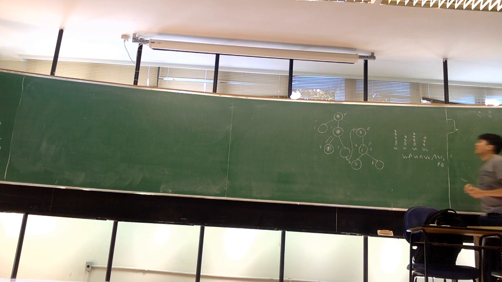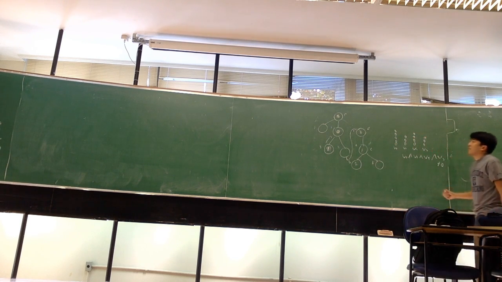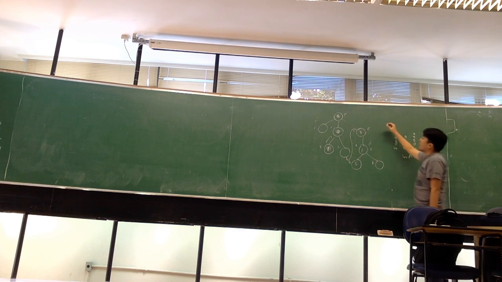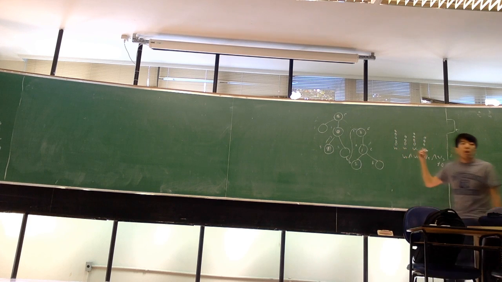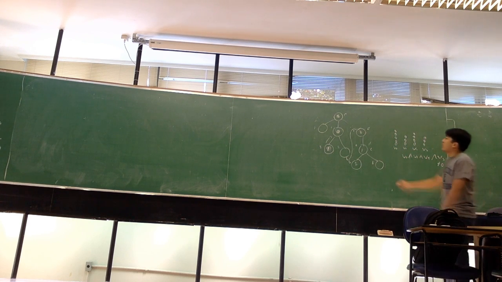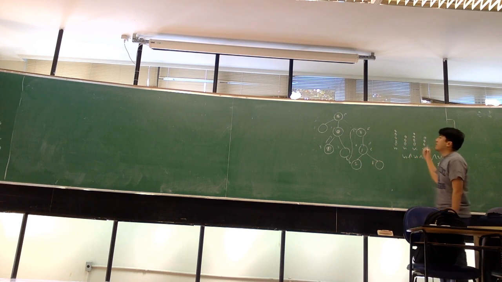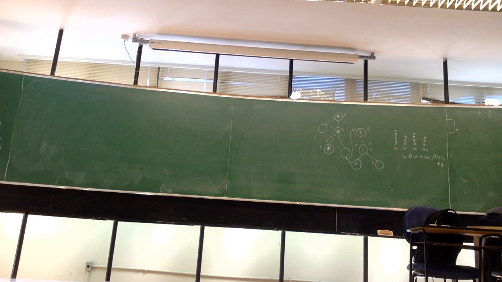So if you just pre-calculate for each subtree the binary XOR of even vertices and odd vertices, you will be able to answer each query in constant time. Right, just a matter of some calculations of removing the even vertices and adding the odd vertices, or the other way around. Is that clear? Questions?